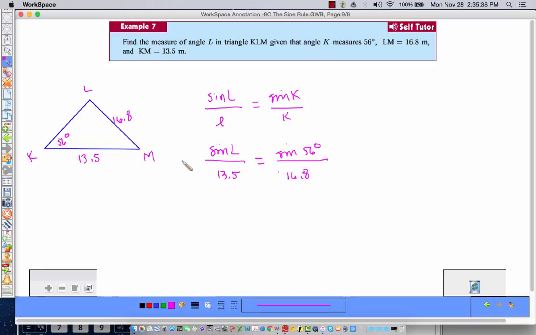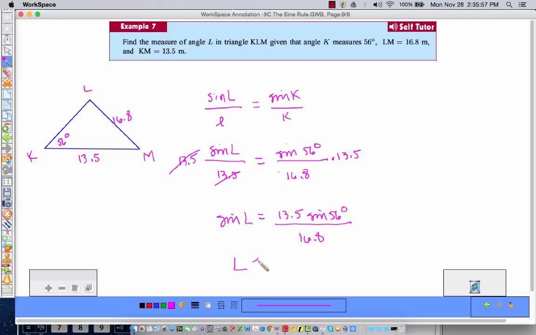Multiply both sides by 13.5. Sine of L equals 13.5 sine 56 over 16.8.